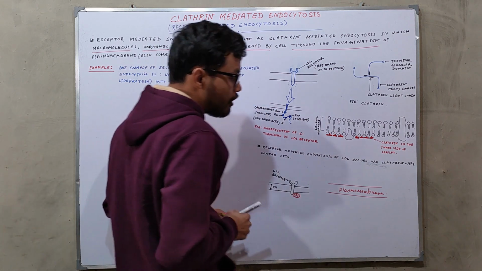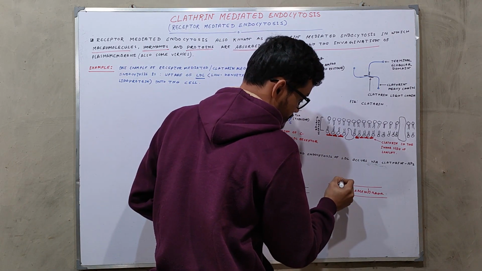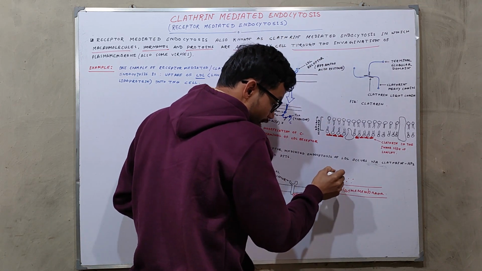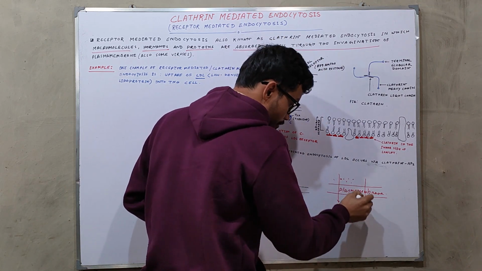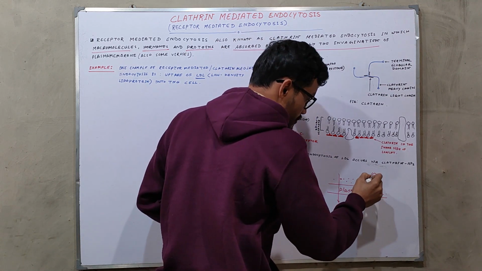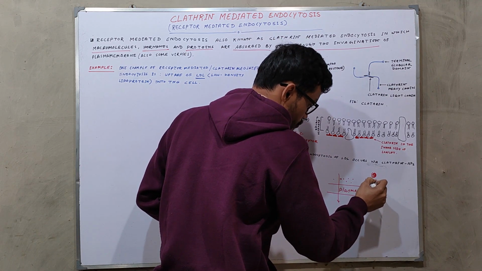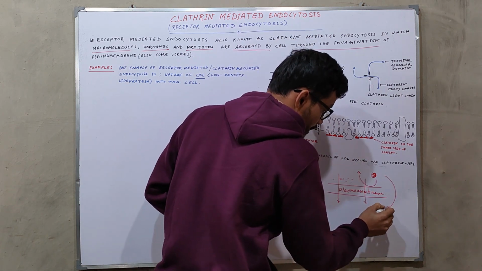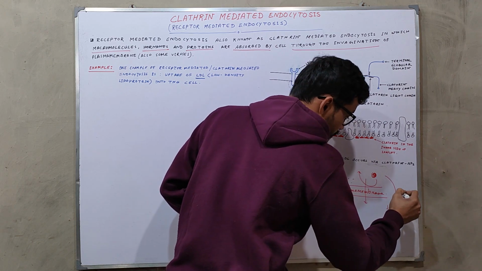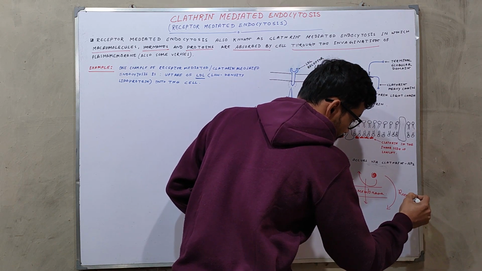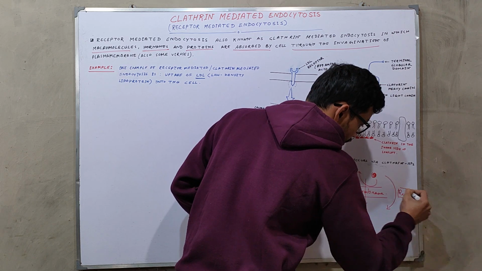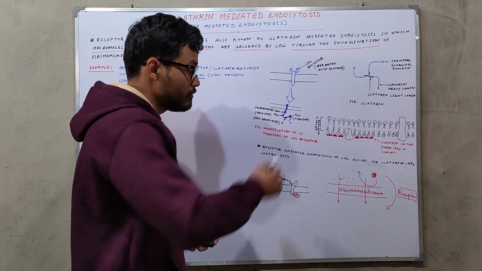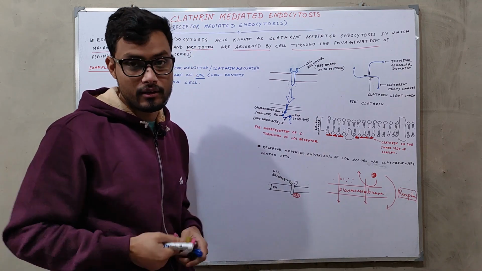So small molecules like gases and other small molecules easily penetrate through the plasma membrane, but large molecules which cannot pass through this plasma membrane are transferred from one side of the cell to the other by a receptor, okay. So here the receptor plays an important role for the transfer of a macromolecule from one side of the cell to the inside of the cell.